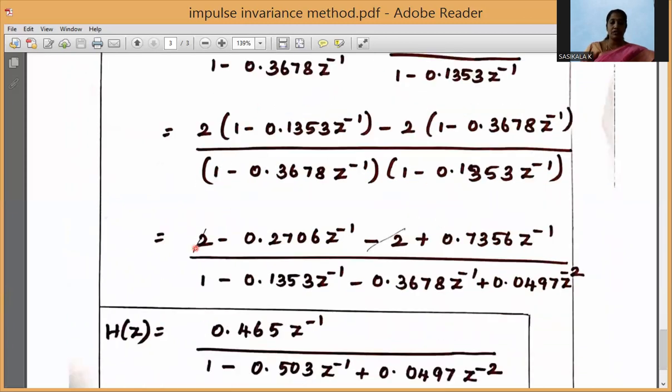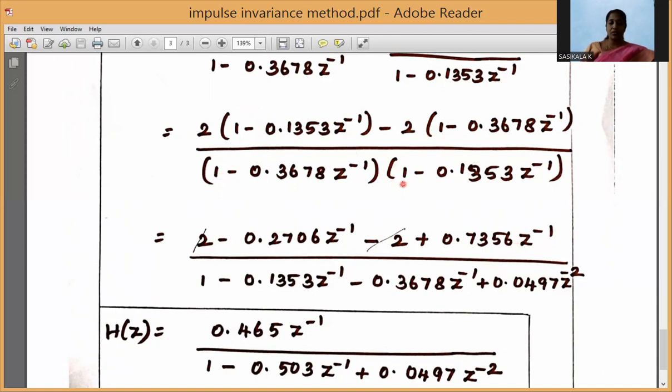Now multiply. So 2 into 1 is 2, minus 2 into 0.1353 z inverse is 0.2706 z inverse, minus 2 into 1 is minus 2, minus into minus plus, 0.3678 into 2 is 0.7356 z inverse.